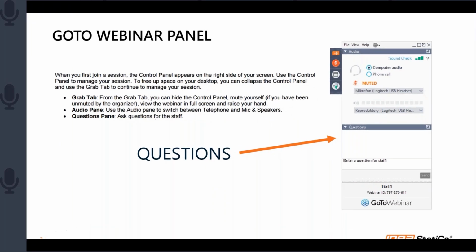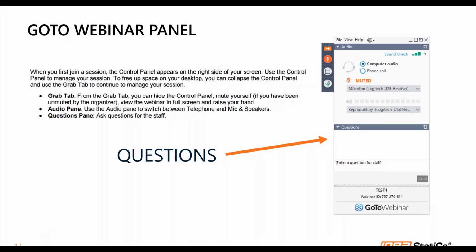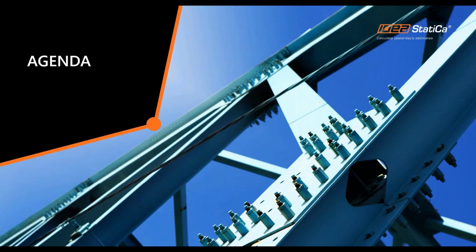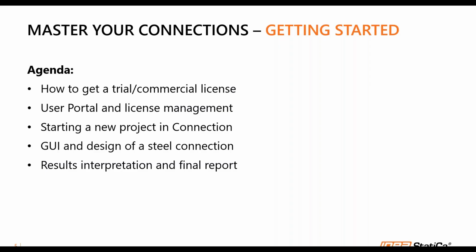So let me now turn off the cam and let's have a look at the agenda. Today we'll go through how to get a trial or a commercial license of StatiCa. I'll show you the user portal and license management. We're going to start a new project in the connection application.